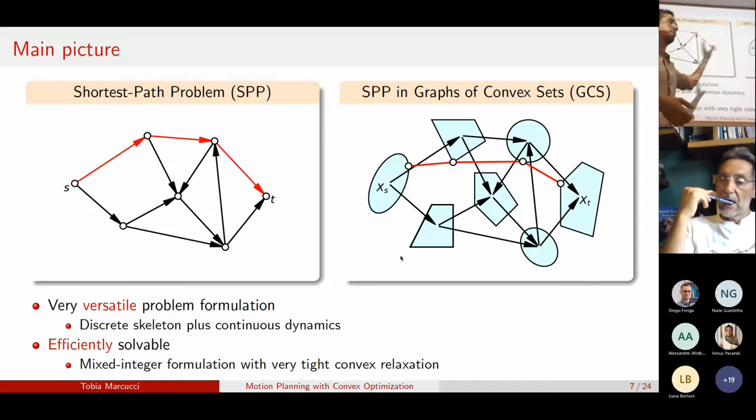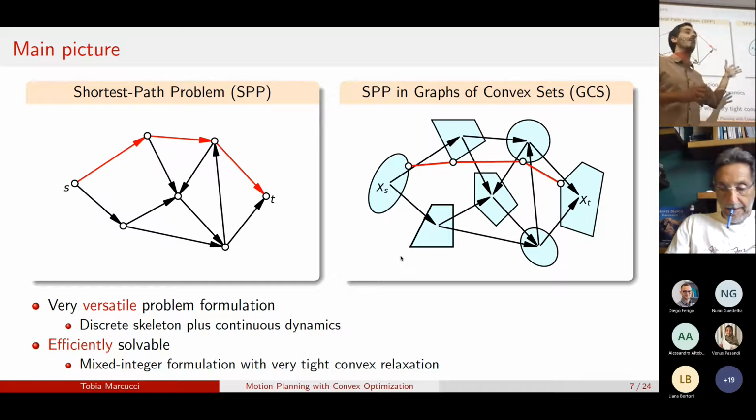Formally, this problem is NP-hard, so we do not have an efficient algorithm in the theoretical computer science sense, but we have something that works really well in practice. And I would almost say that almost any problem that you can put in this form we can tackle at the highest level of generality, and we can solve efficiently.